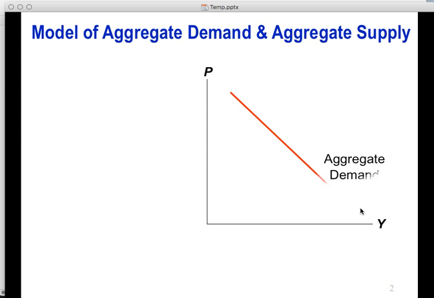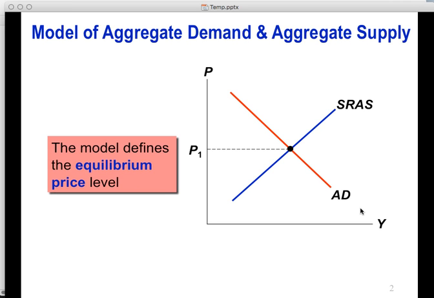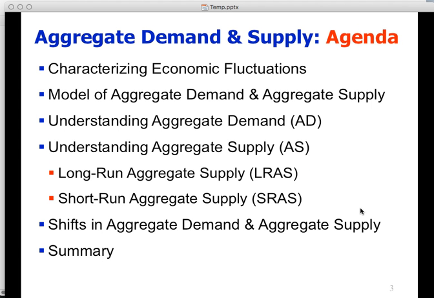We discussed how the aggregate demand curve is downward sloping and the short-run aggregate supply curve is upward sloping, and that the model defines the equilibrium price level and equilibrium output. The price level in the economy adjusts to equate the quantity of goods and services supplied in the short run and the quantity demanded in the short run. So that's our model of aggregate demand and aggregate supply.